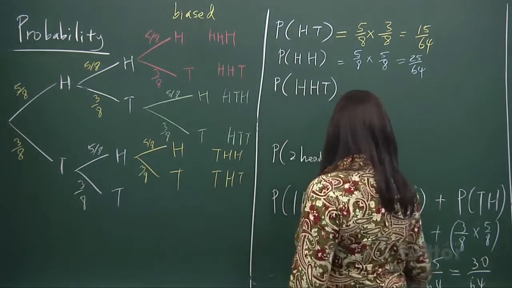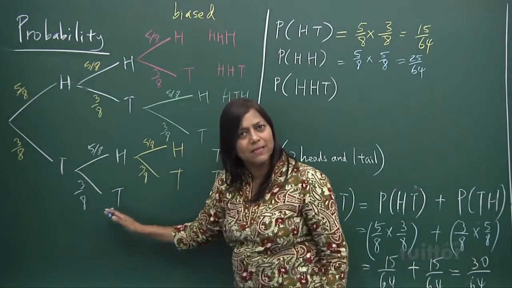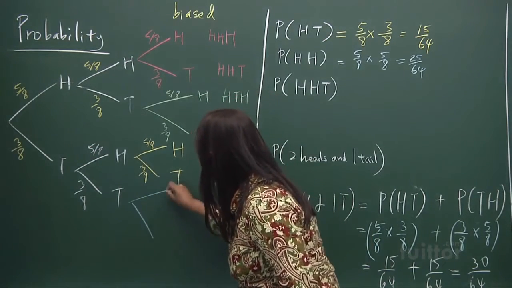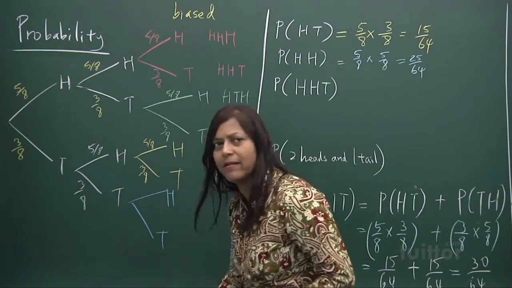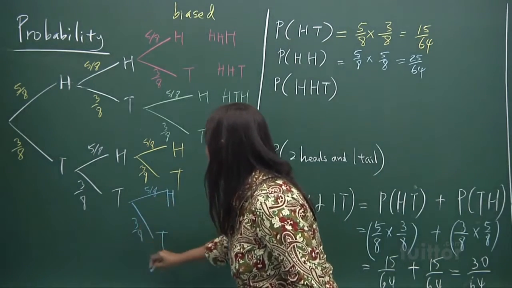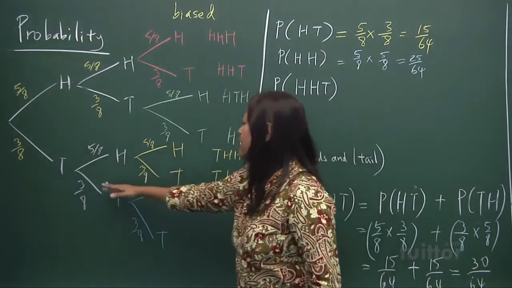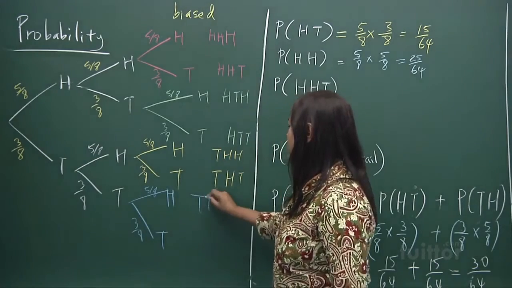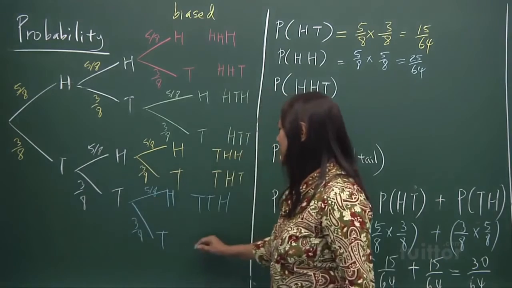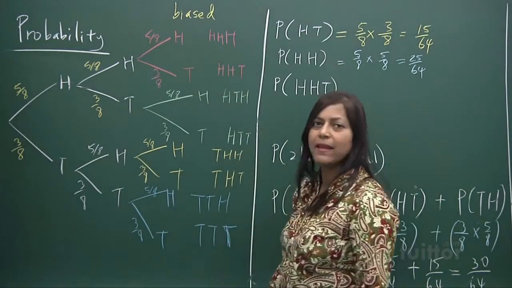And the last segment, if I were to do here, this is a tail followed by a tail. And I throw it again, and I got a head and a tail. And what is this here? 5/8, 3/8. So what is this path here? A tail and a head. What is this path here? A tail, tail, tail. Got it?